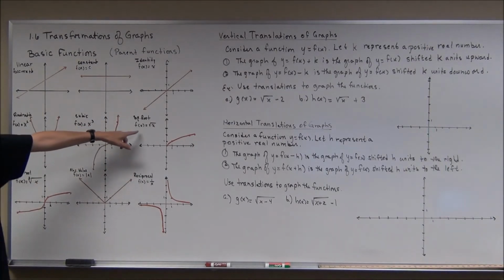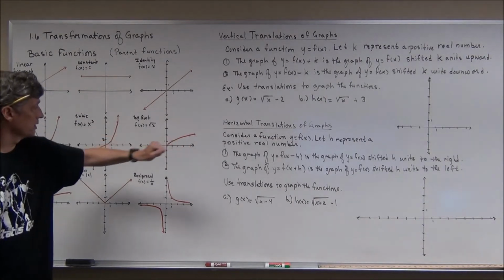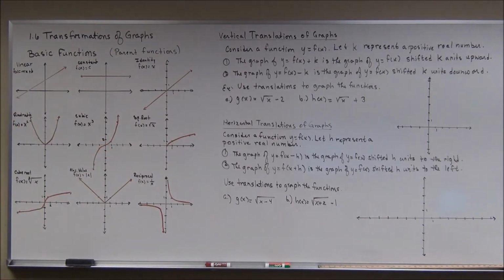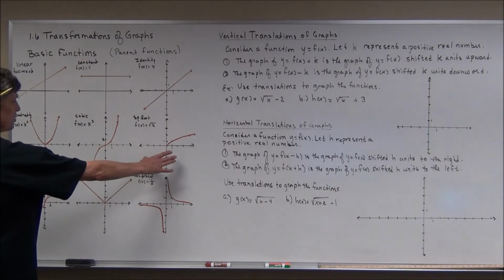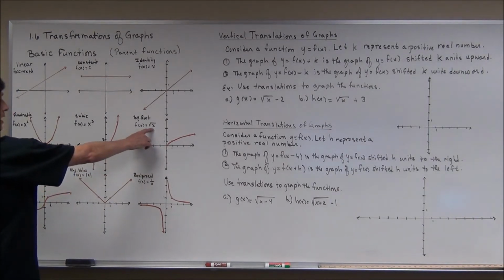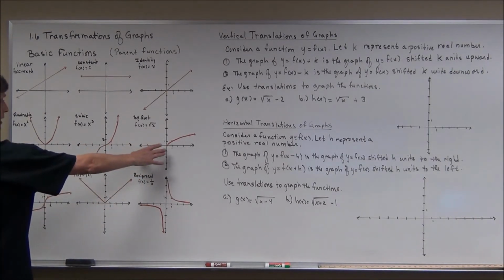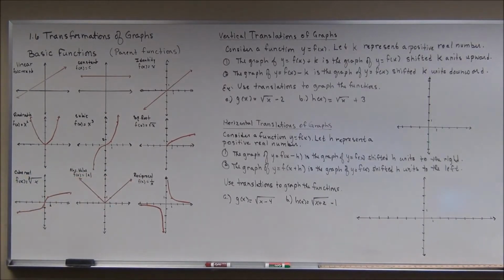I have the square root function, and the little arrow on the end is supposed to show it's not a point. It has a limited domain because you can't plug in a negative number for x. The domain here would only be from 0 on up, or all non-negative real numbers.